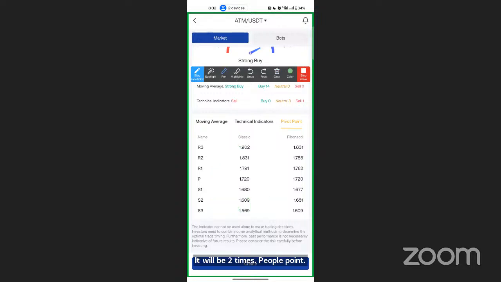Vice versa, when they are calculating support 1 using Fibonacci, they will say support 1 is the pivot minus (high minus low) times 0.382.